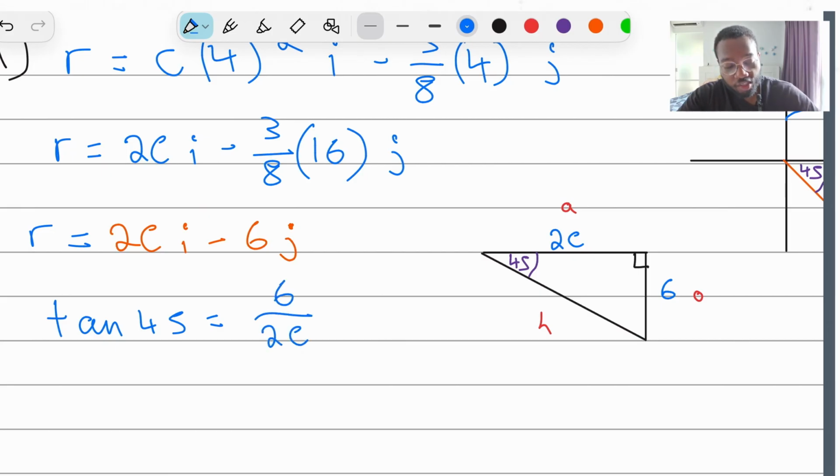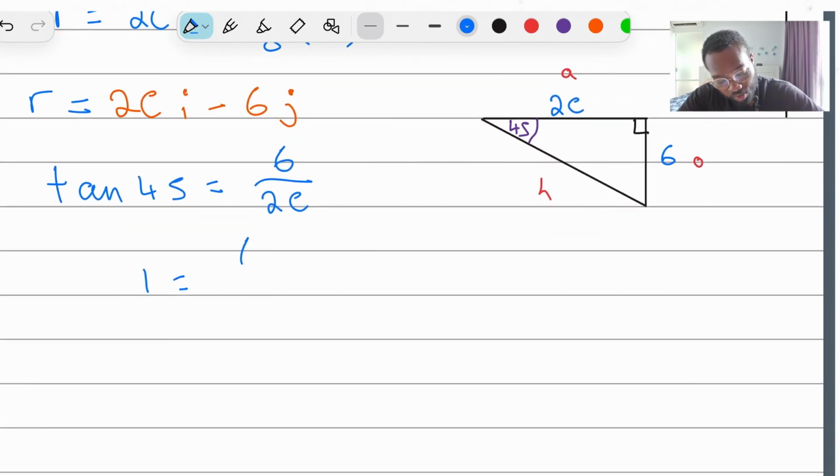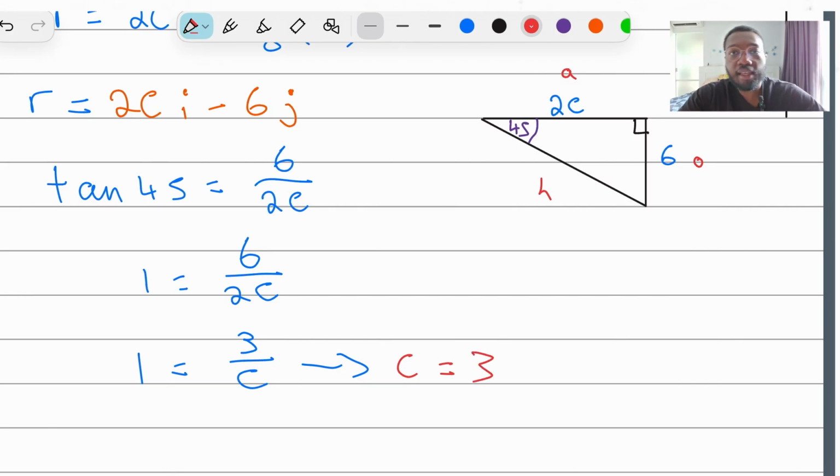Tan 45 is just 1, so you put it in the calculator and get 1. Therefore, 1 is equal to 6 over 2c. Then 1 is equal to, you can cancel the 6 and the 2, 3 over c. And by looking at that, you can clearly see that c must equal 3.